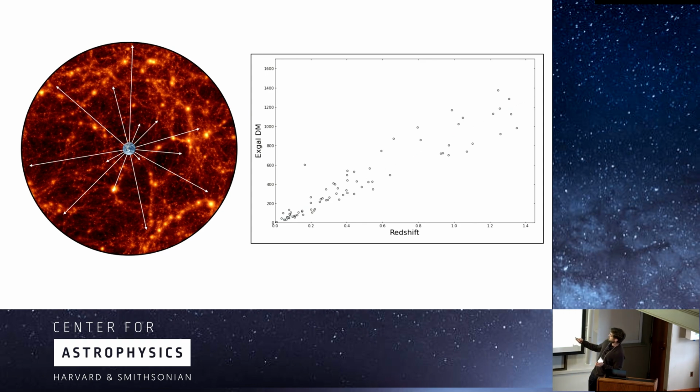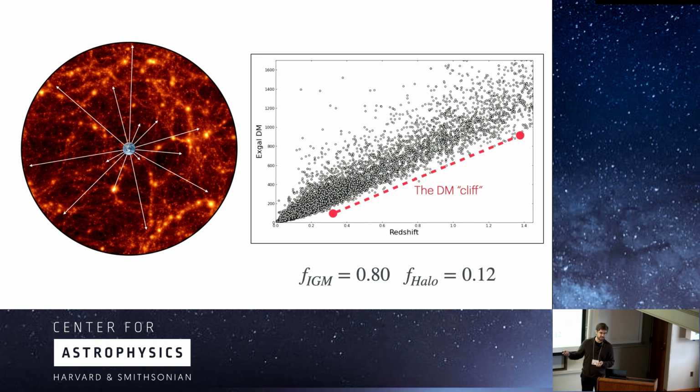So if I use, say, 100,000 sight lines instead of 50, it'll look something like this. And I just want to highlight this thing that we sometimes call the DM cliff, which basically just says for a given redshift, there's a minimum DM that you're going to see due to the IGM. And that's because if you're sufficiently far away, you're going to intersect many filaments, and even the voids are full of gas. So you'll get some DM contribution from them as well.